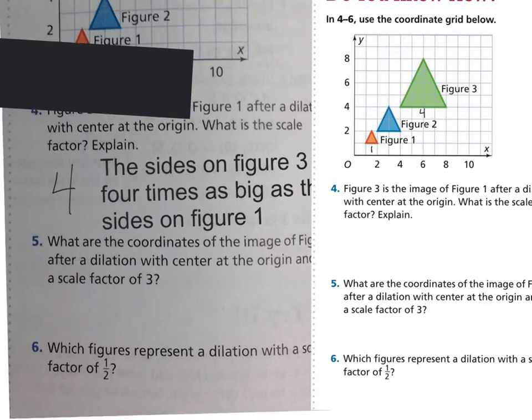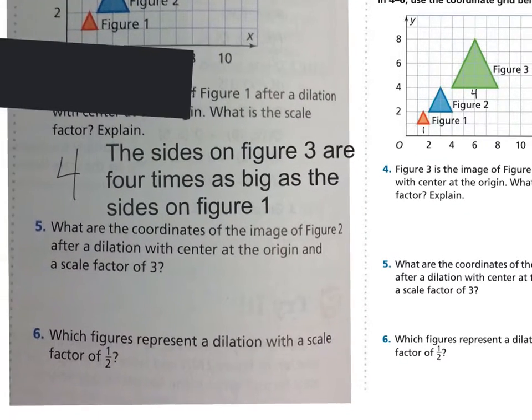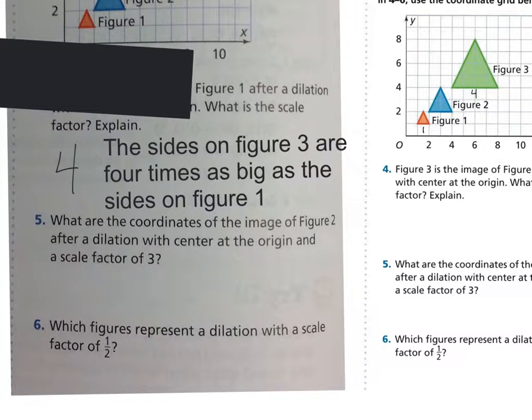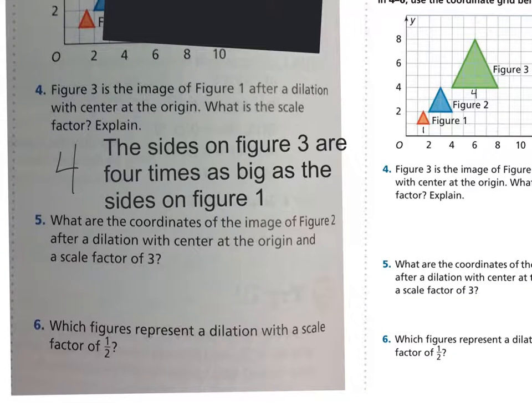So our scale factor, we could do 4 over 1, which is the same as 4. And basically what's happening, we could say the sides on figure 3 are 4 times as big as the sides on figure 1. Again, when it says explain, we can't just put 4 and move on to the next problem. That's not explaining.